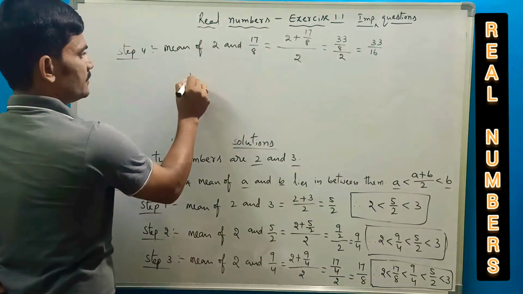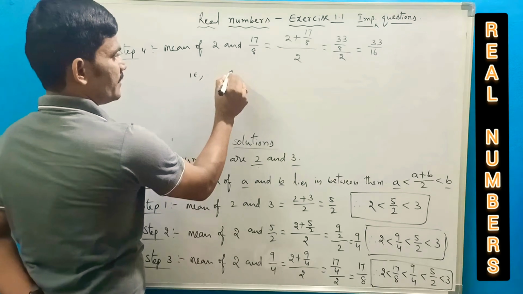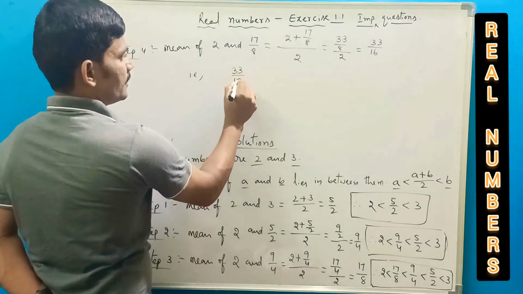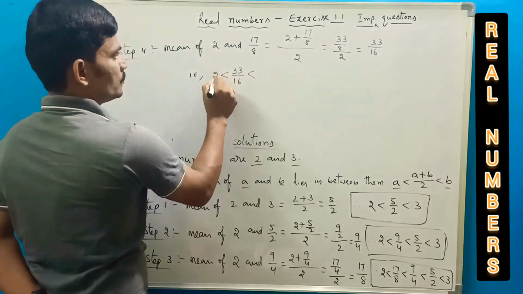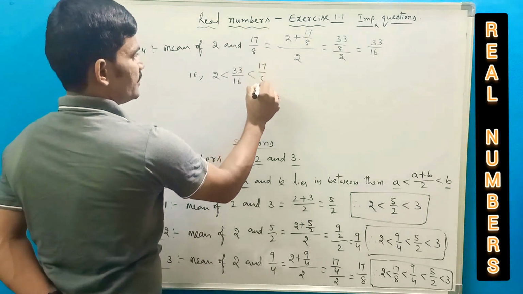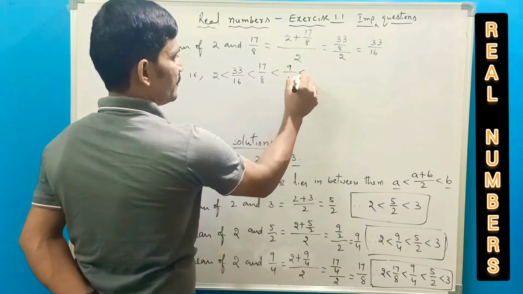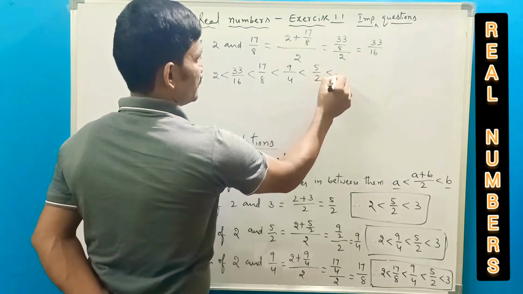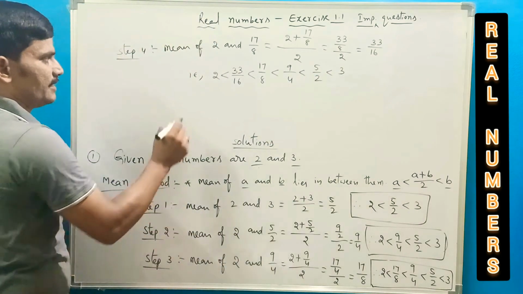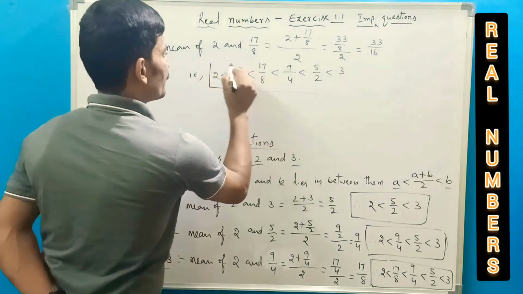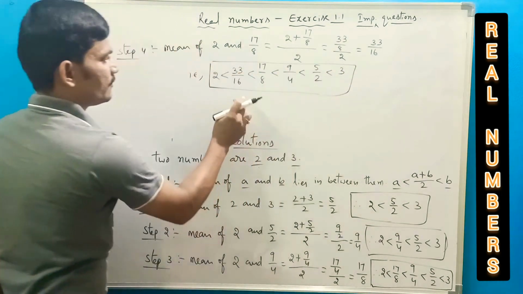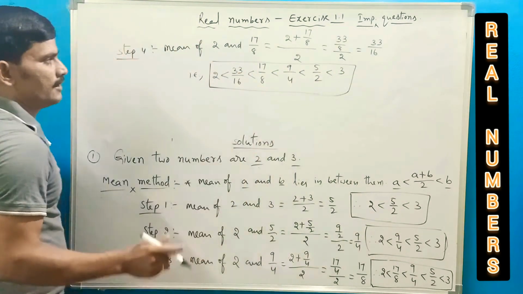That is, this 33 by 16 lies in between 2 and 17 by 8. 2 less than 33 by 16 less than 17 by 8 less than 9 by 4 less than 5 by 2 less than 3. So with this step, you have inserted 1, 2, 3, 4.